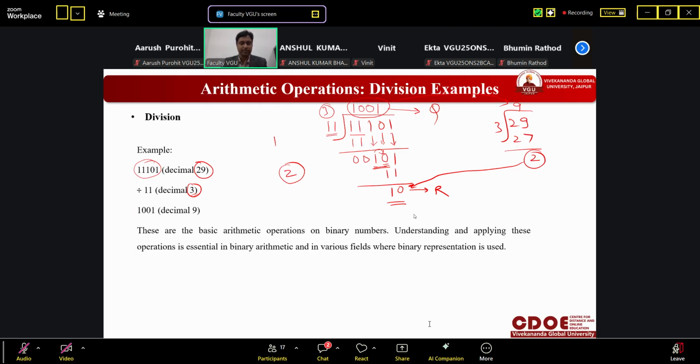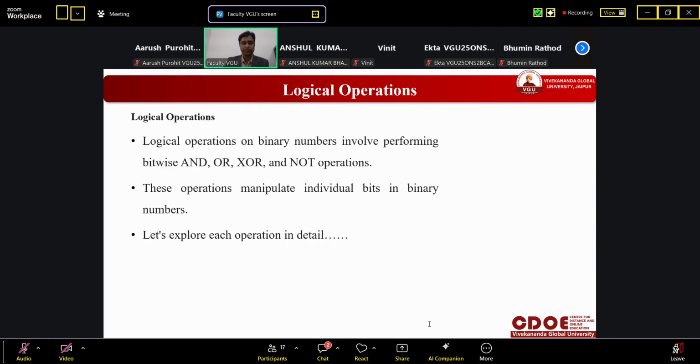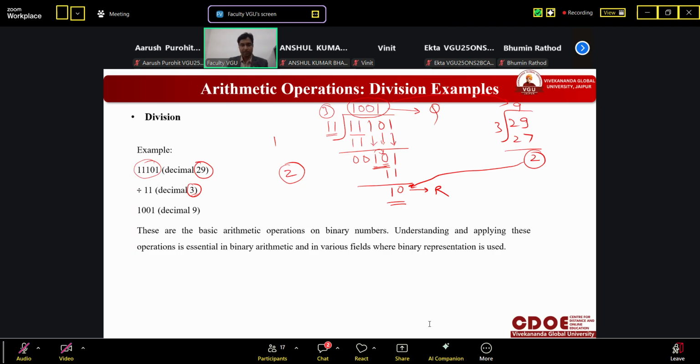I take one more example. 1 0 0 1 1. We have to divide it by 1 1, for example.